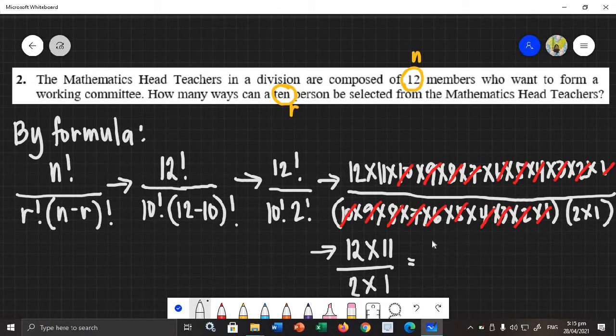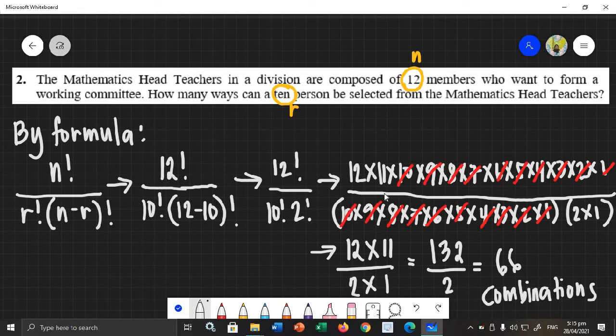That will result to 132 over 2 times 1, which is 2. And then 132 divided by 2 is equal to 66 combinations. Okay? And then if you use a scientific calculator, it will also give you 66 combinations. We have NCR.